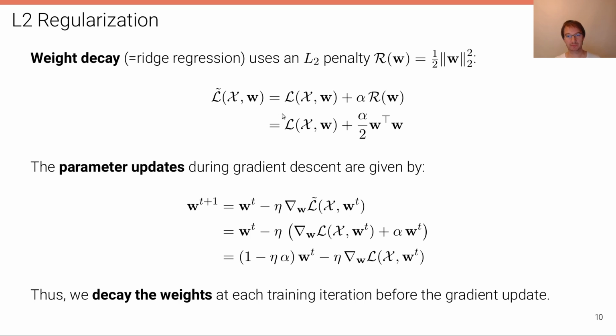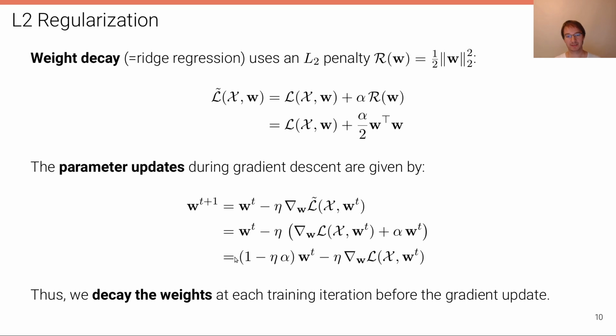Now we can plug in this expression, and the gradient of this is the gradient of the original objective function, which we haven't further specified at this point, plus the gradient of the regularizer, which is simply alpha W at the previous iteration.